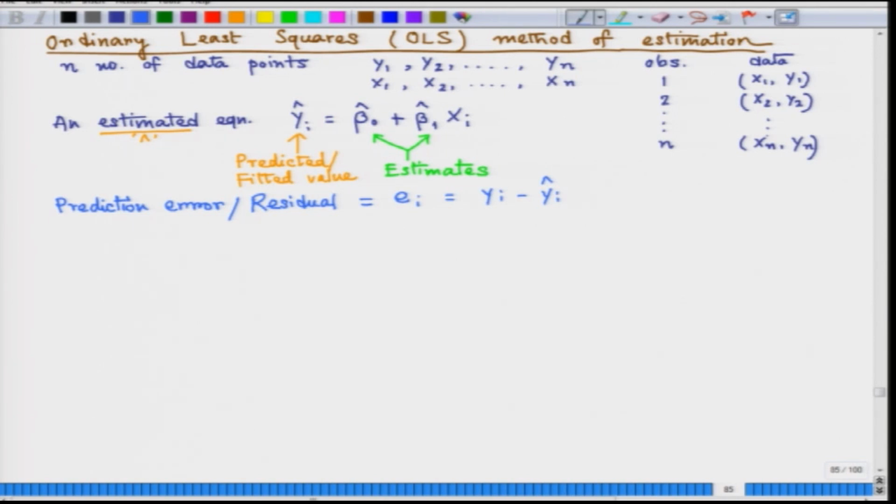Now, this method minimizes the sum of squared residuals.